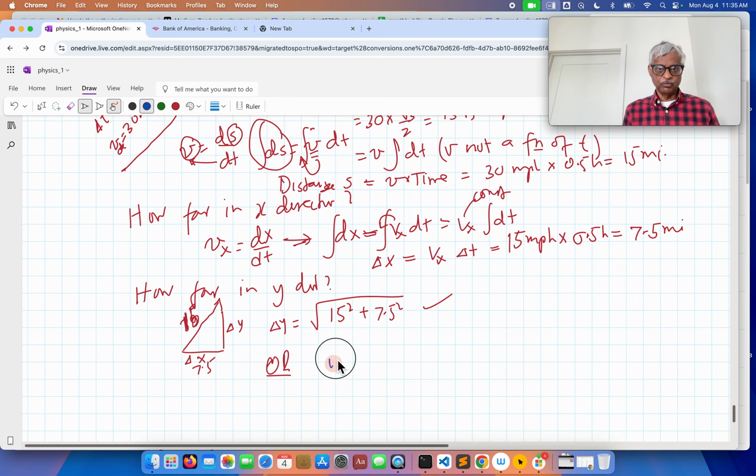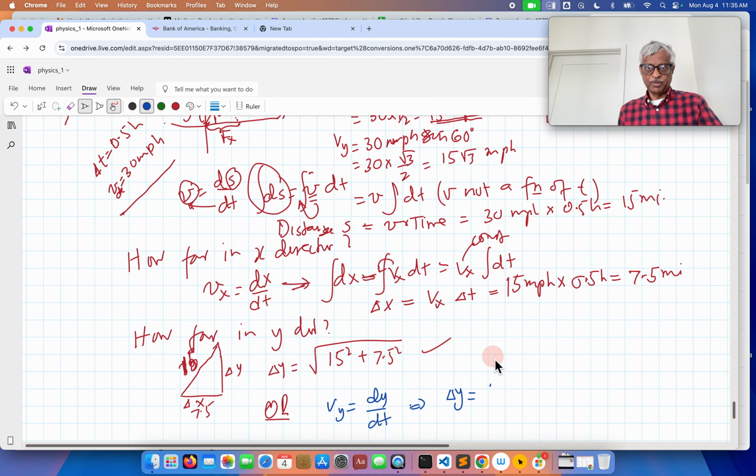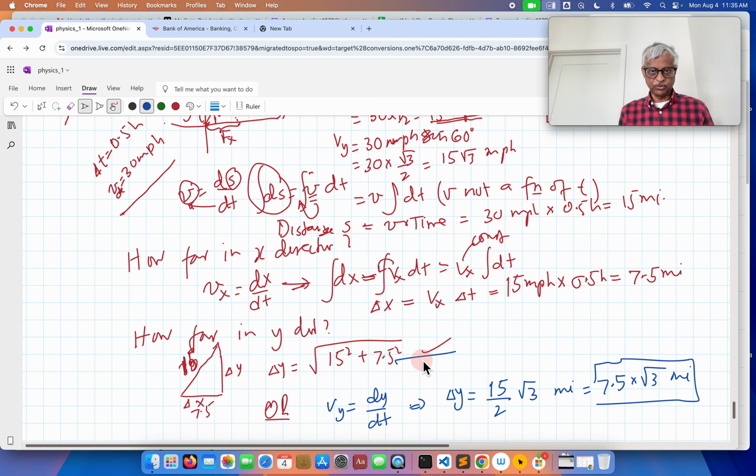You can do Vy equals dy/dt and just follow this. Delta y equals 15 over 2 times square root of 3 miles, which is 7.5 times square root of 3 miles. And if you work this out, it should be the same, because you can pull 7.5 outside.